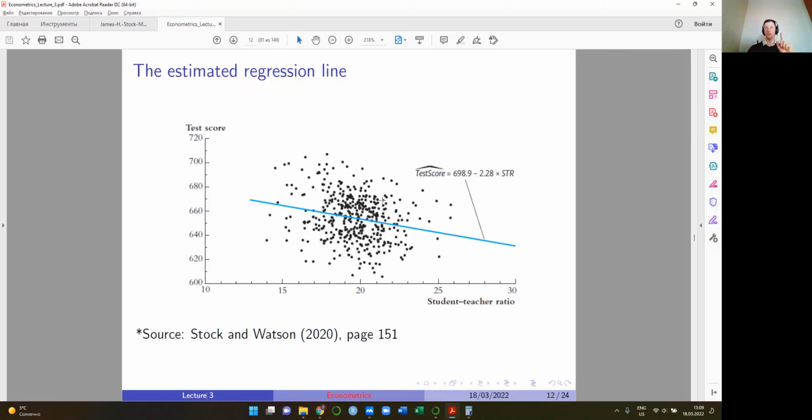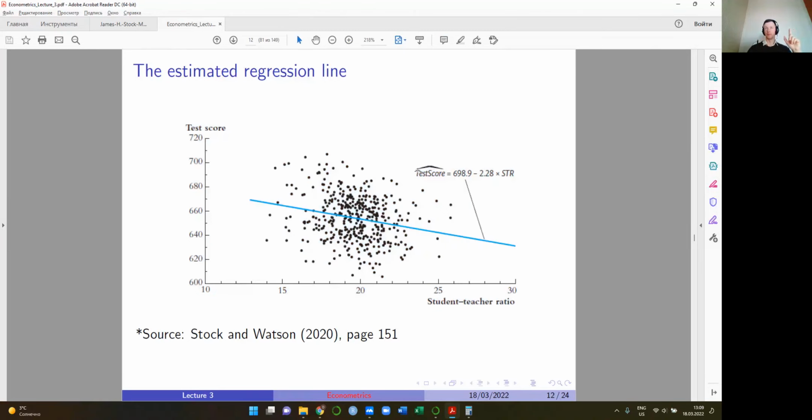Y is the vertical coordinate of this point. So for example, here, the actual y is 695. Y hat is here, so that's something like 660. So please mind this difference.